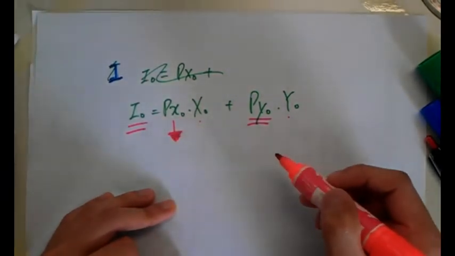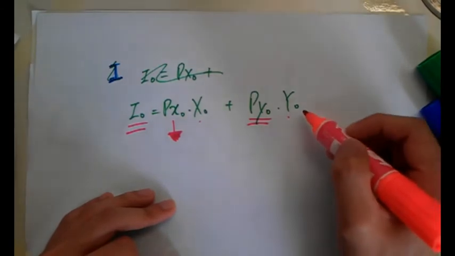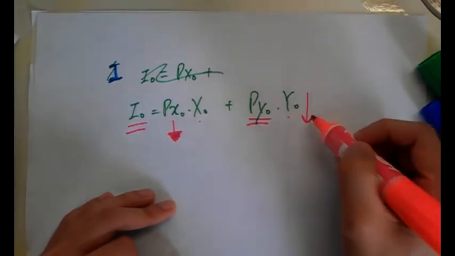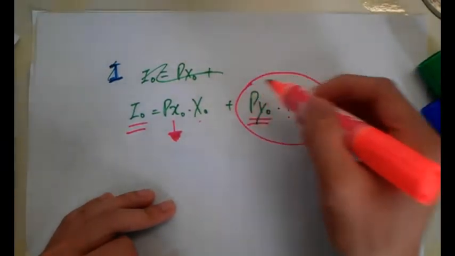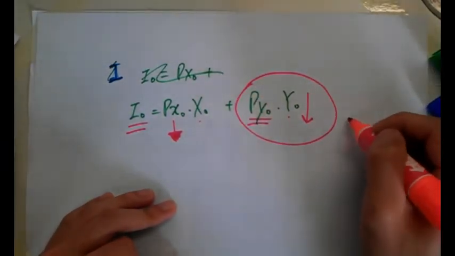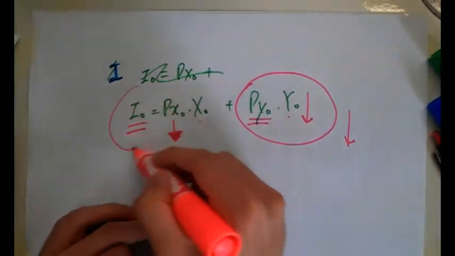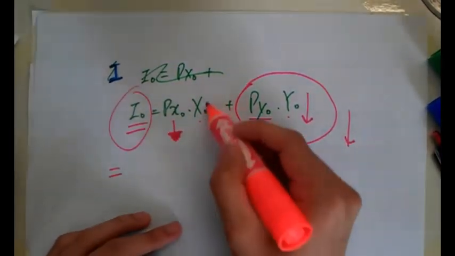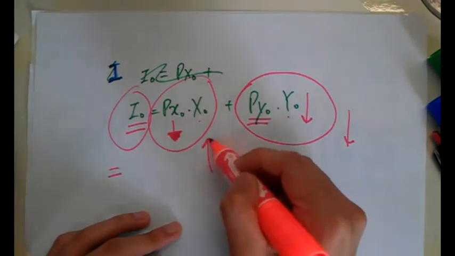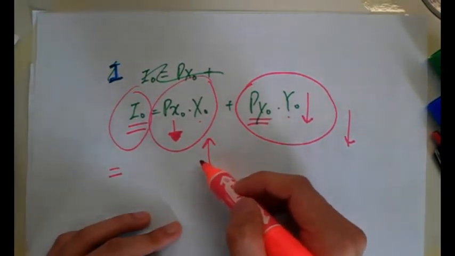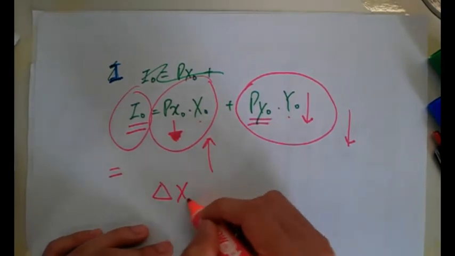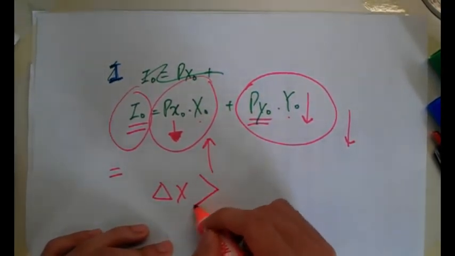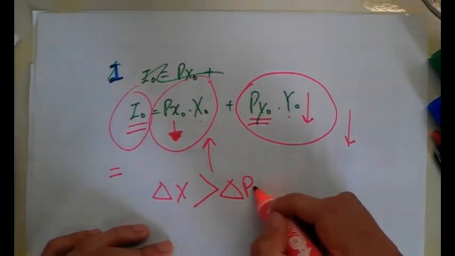The price of x has gone down, and the amount of y that we are buying has gone down. For this whole thing to be constant, the expenditure on x has to go up. For that to go up, the change in x has to be more than the change in the price of x.